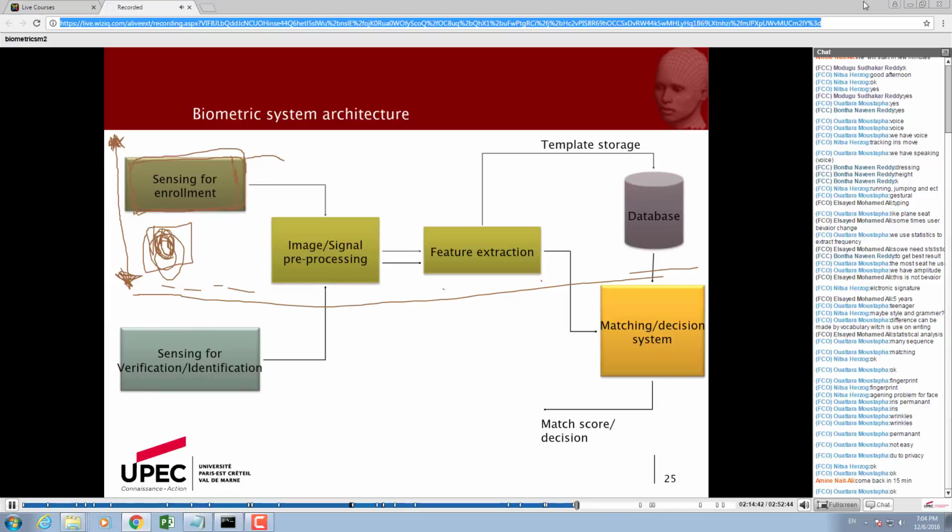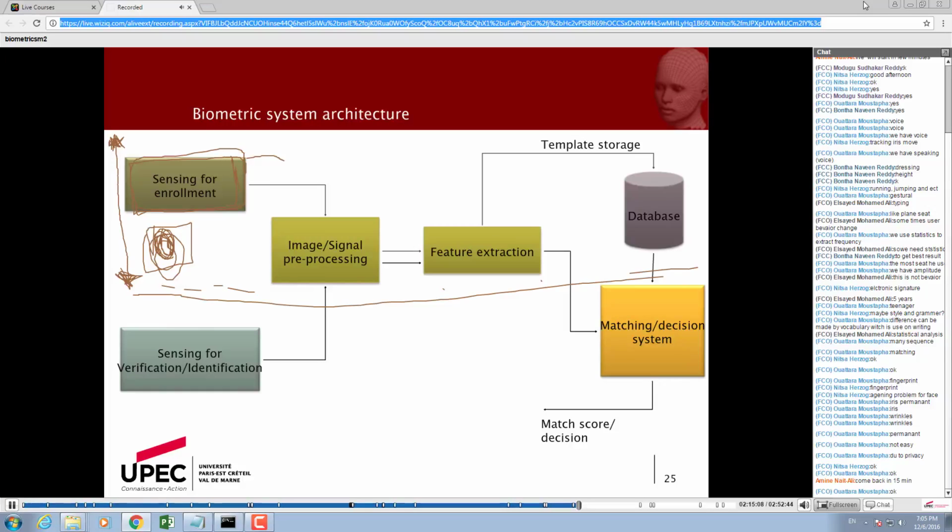If the application is connected to fingerprint, in such a case you have to use, of course, a fingerprint sensor. So the first time we capture your fingerprints, and after this we will get one image, and this image should be pre-processed.